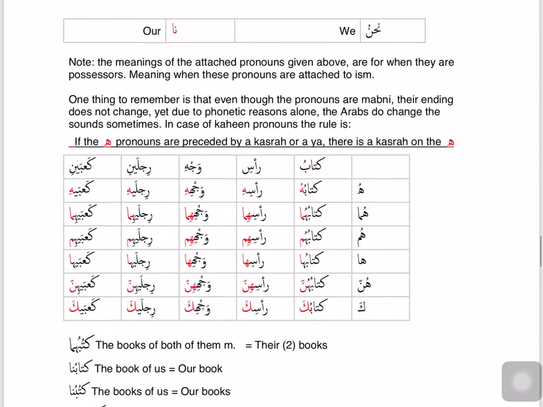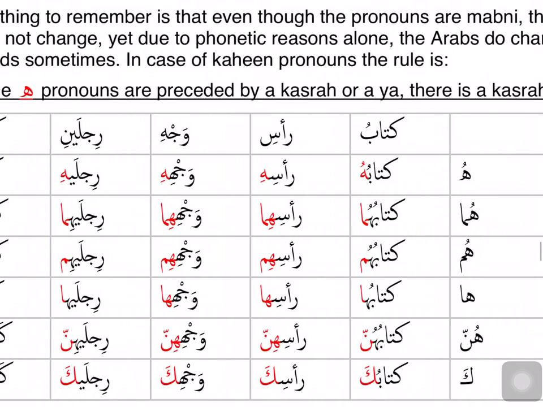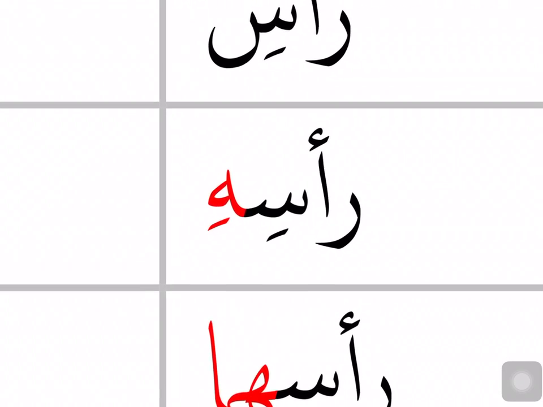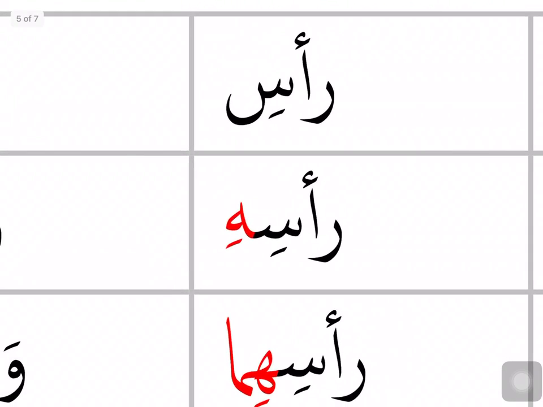There are a couple of things we have to also see. For phonetic reasons, in the case of the attached ha pronouns, if the word it is attached to has a last haraka of kasra, this ha pronoun, instead of being hu, will be hi. Don't think it's showing us its jar status.